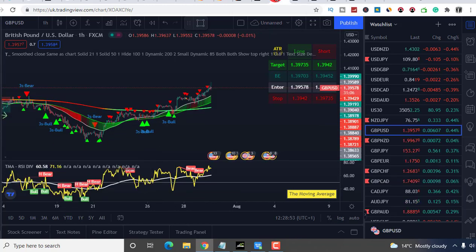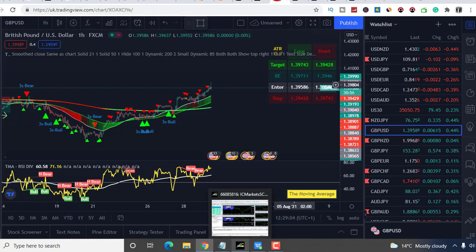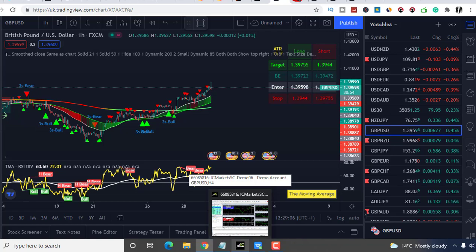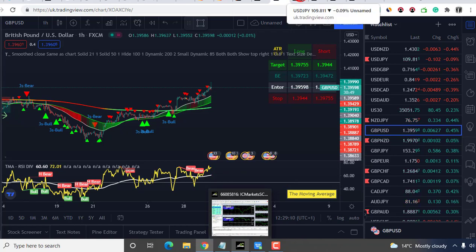It's a bit tricky, so I try to divide the lot size between multiple pairs over here. Let's see. So I'm gonna have my own tweak. Let's see what will happen.